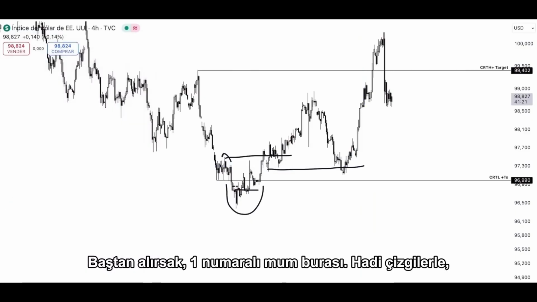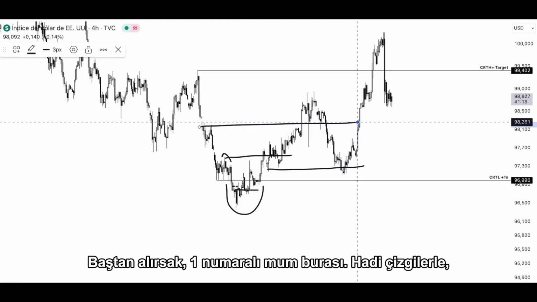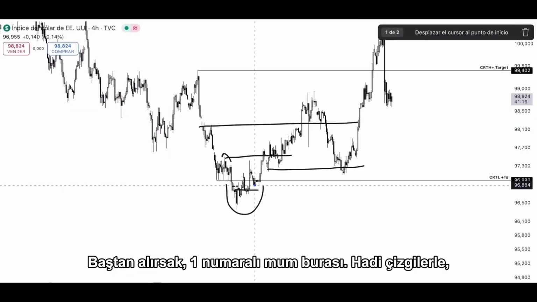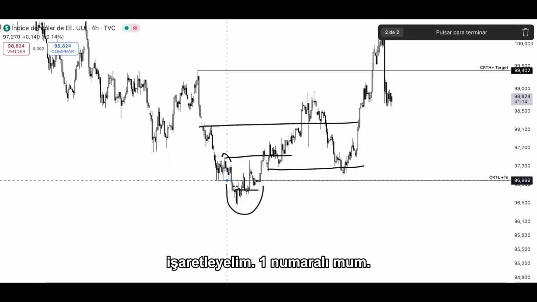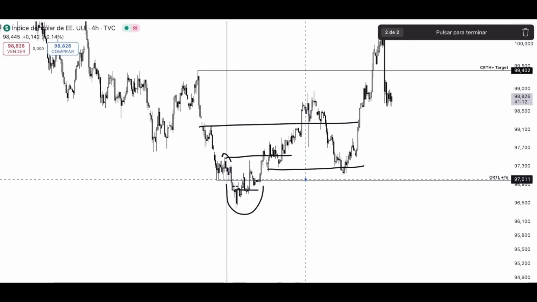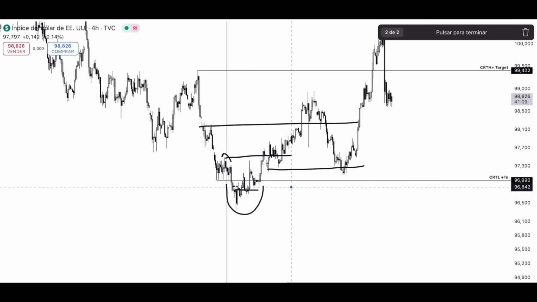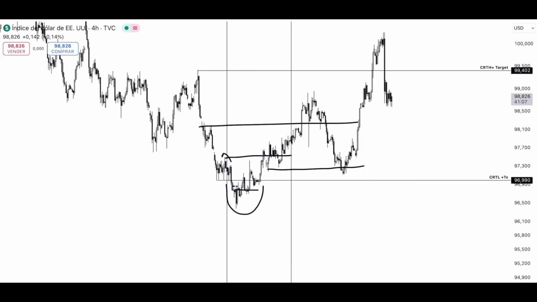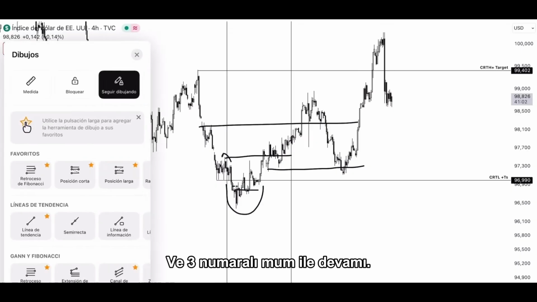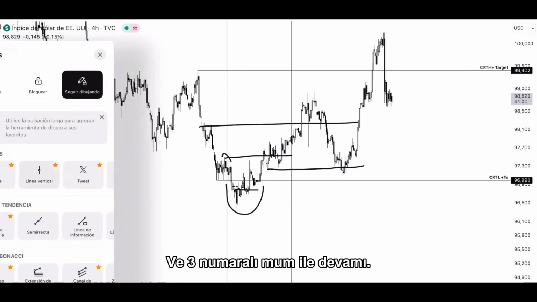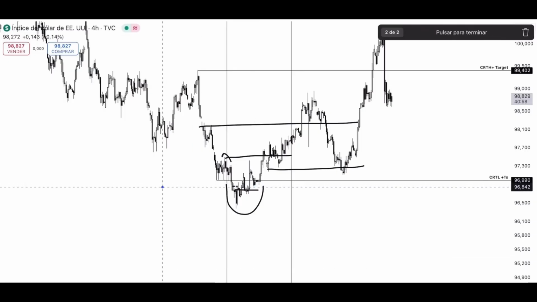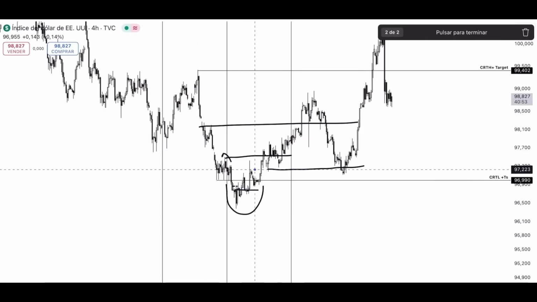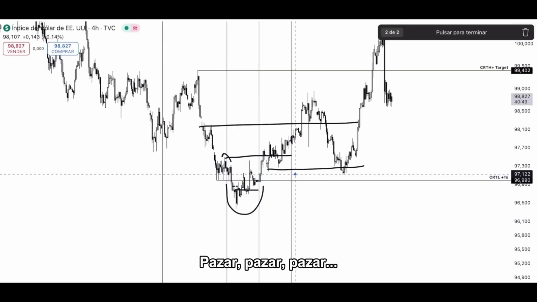So from the beginning, candle number one, let's mark with the lines, candle number one, candle number two, and candle number three onwards. Sunday, Sunday, Sunday.